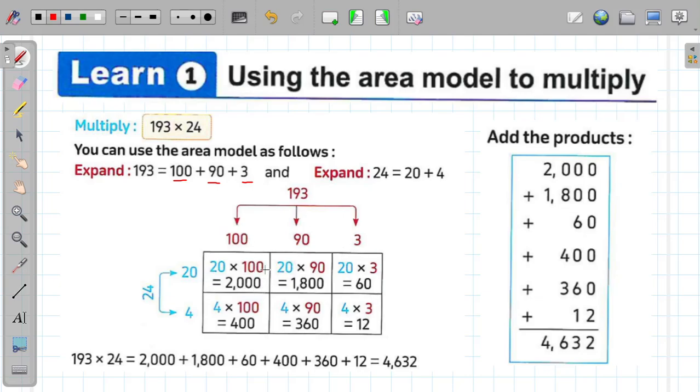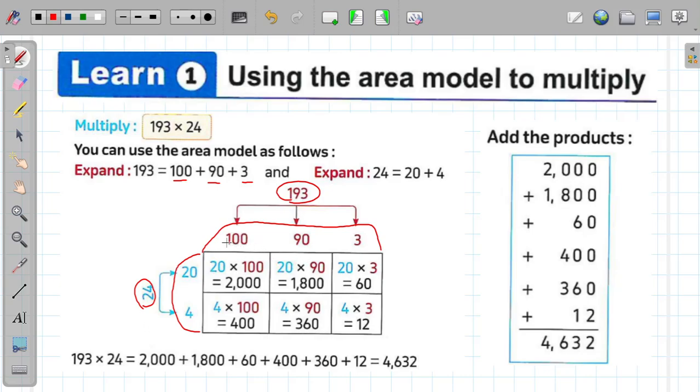So I will cut the rectangle into 6 parts because I have here 3 parts and here I have 2 parts. So the 3 parts here represent the first number 193, and the 2 parts here will represent the second number, 24. Okay?